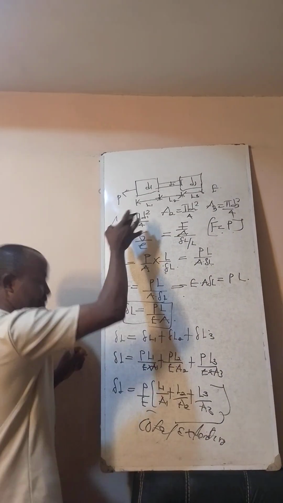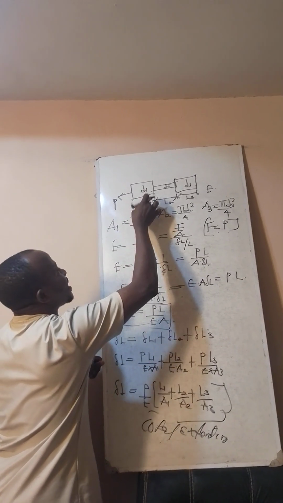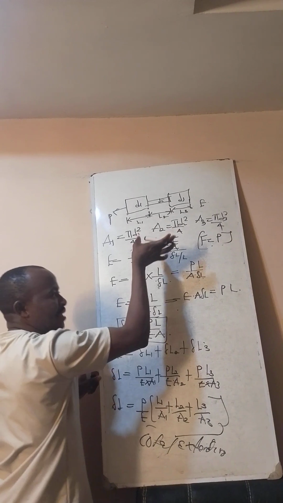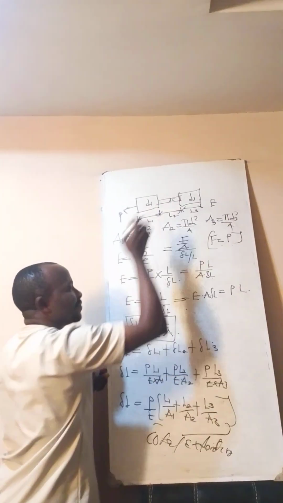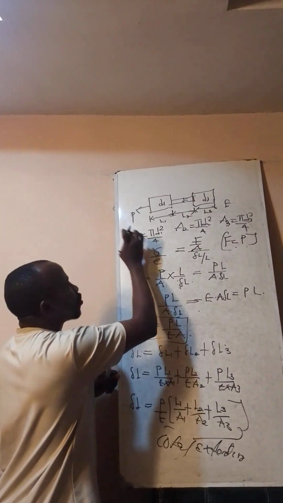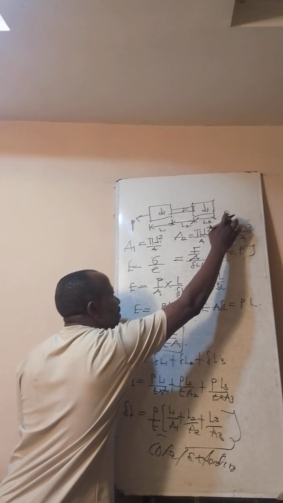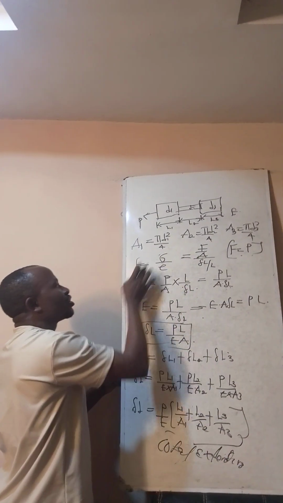of this steel bar. So this bar is subjected to axial load P, having L1, L2 as their various lengths, D1, D2 as their various diameters. So the first thing is to compute the cross-sectional area of each section. The Young modulus, the constant value, is provided. So Young modulus is stress over strain.